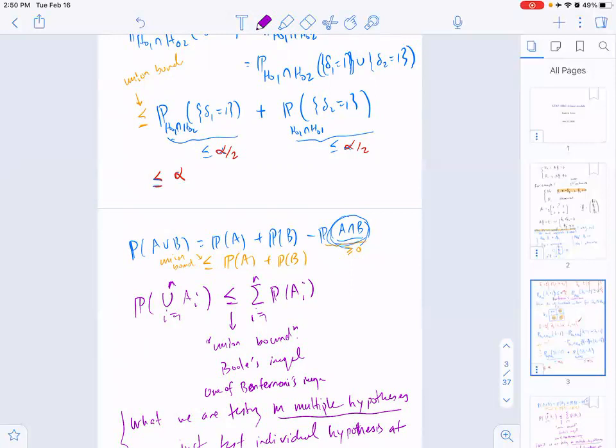What are the two conflicting objectives in a hypothesis test? What is it that you're trying to achieve? Are you referencing the type 2 error?